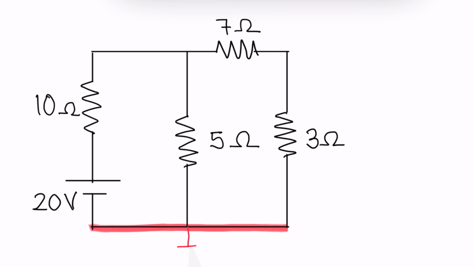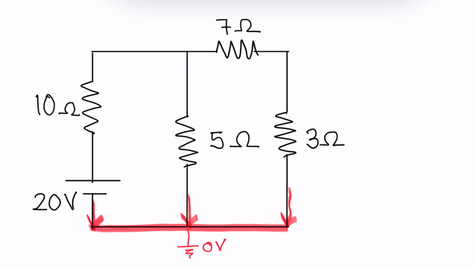The voltage at this particular point will be 0 volt. Now, how I have understood that it is a reference node, you can see how many points are coming over here. First component, second component, and third component. And that is the reason I say this is reference node.